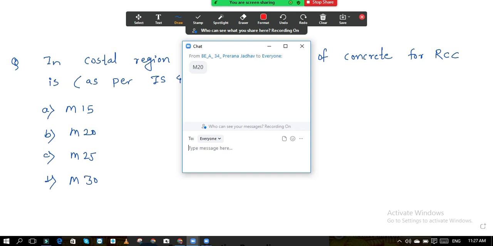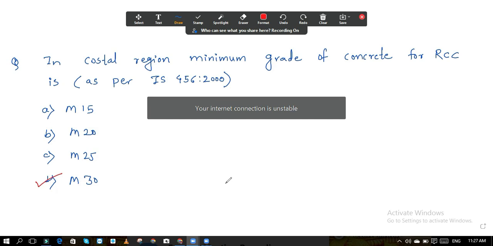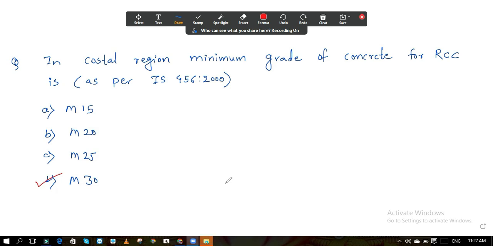M20. Any other answer? See, for water tank minimum grade is M20. For coastal region it is M30. If the same question is there for RCC water tank, then your answer must be M20, and for coastal region it is M30. Okay? So remember this.